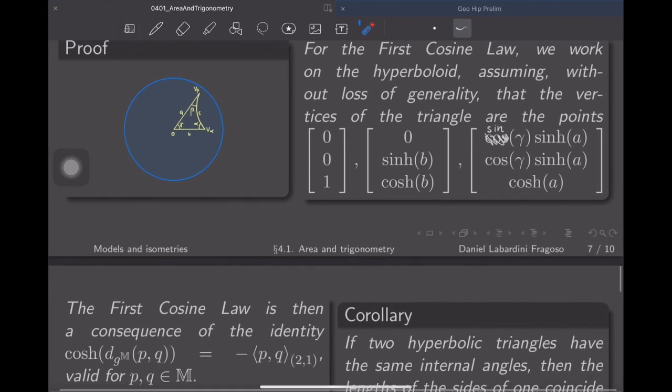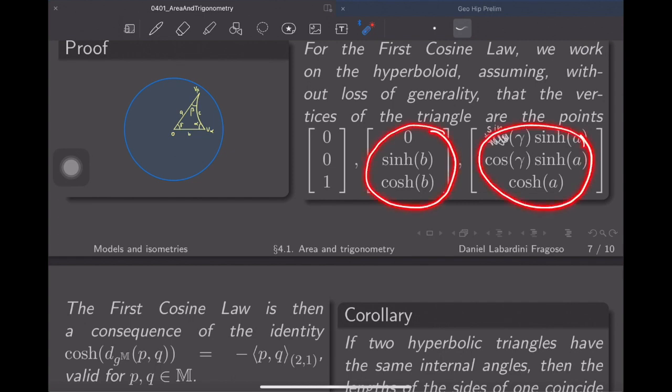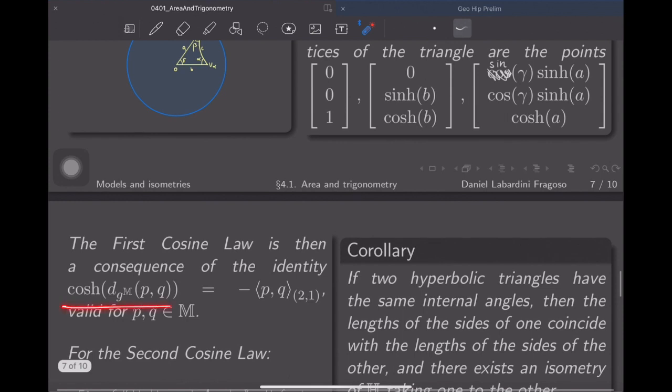So the hyperbolic cosine of the distance between these 2 points is minus their Minkowski product. Okay, right? It's here.